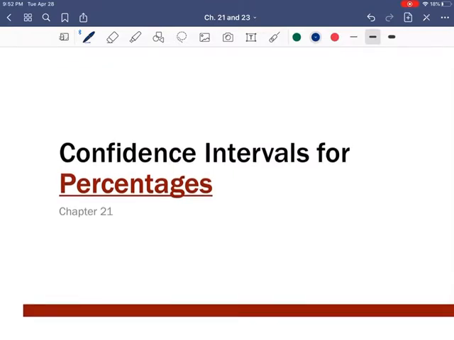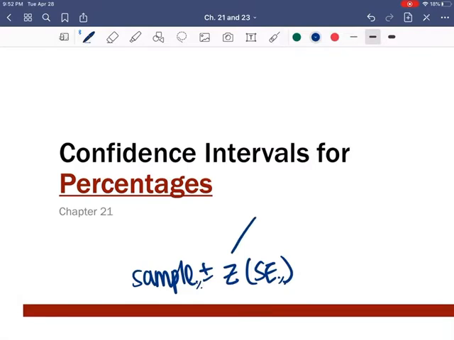Okay. Confidence intervals for percents use the exact same formula: sample percent plus or minus Z times SE percent. Z is still the same: 90% confidence means 1.65 gets plugged in for Z, 95% confidence means 2, and 99% confidence means 2.6.